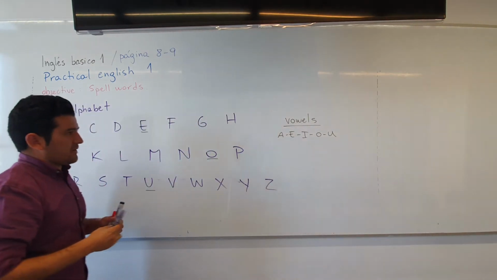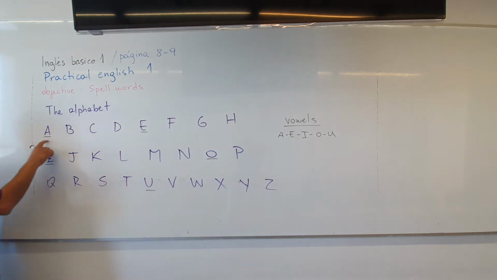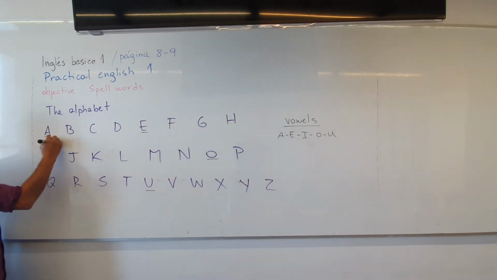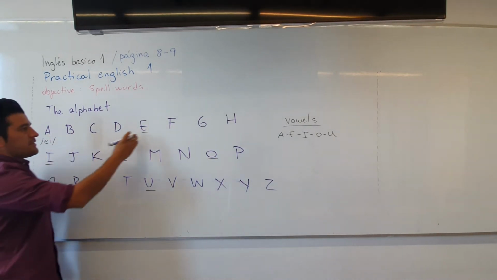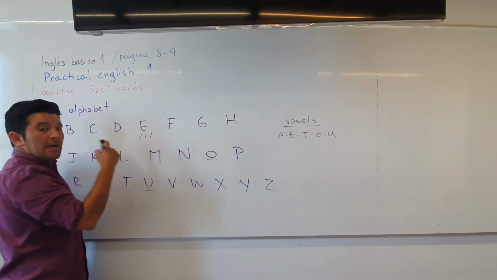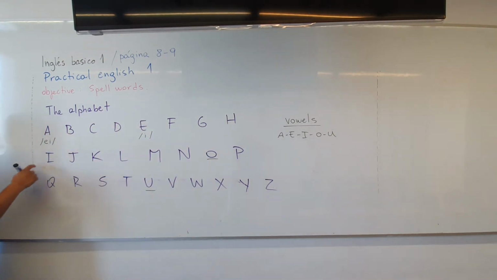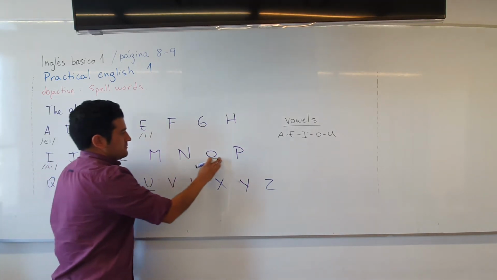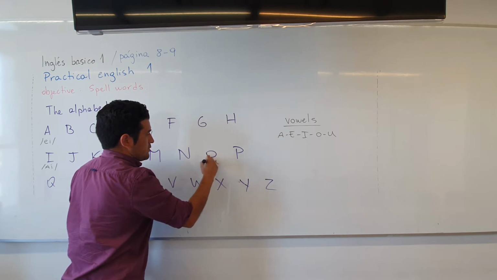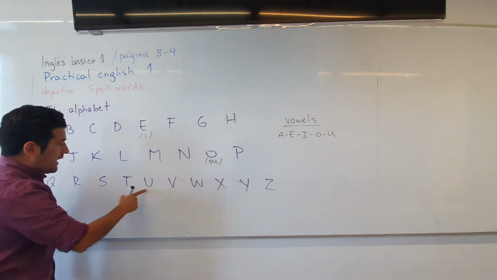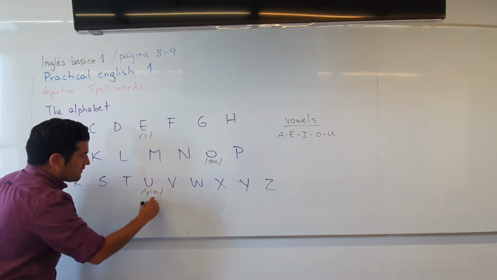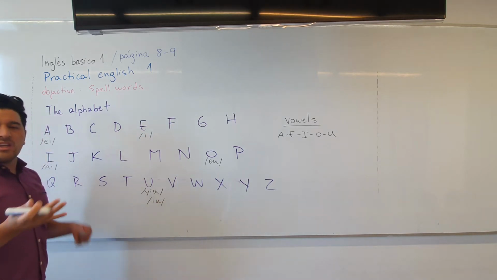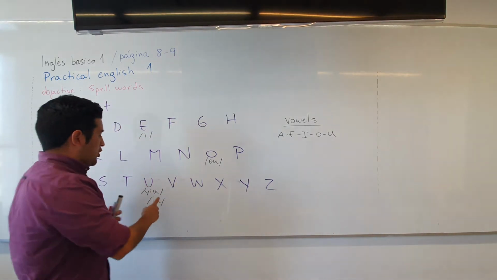So we're going to check. Pay attention to this part. The first one is A. That's the pronunciation for A. Then we have E, I, O, and U. Or you can also say U. Yeah, that can be the pronunciation of this vowel.